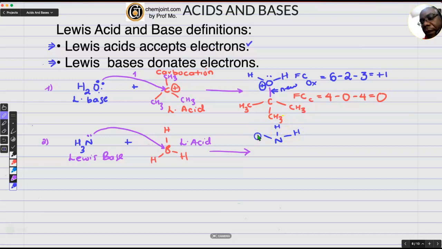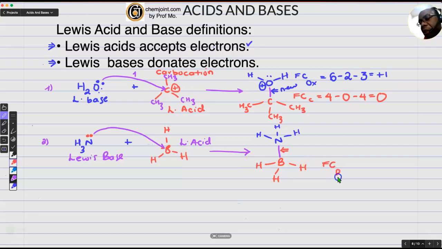So the nitrogen used its lone pair to make a bond onto the boron. Remember, these electrons will now be the new bond. A bond is made of 2 electrons. This arrow is just saying these electrons are joining the N and the B, the nitrogen and the boron. Always when you make products in chemistry, you want to find the formal charges.